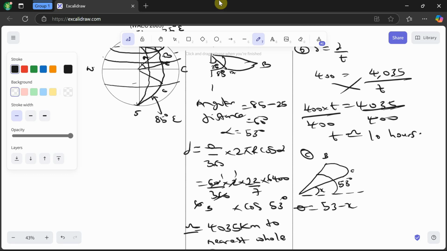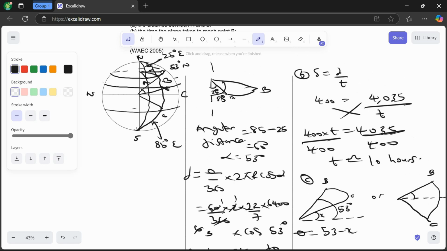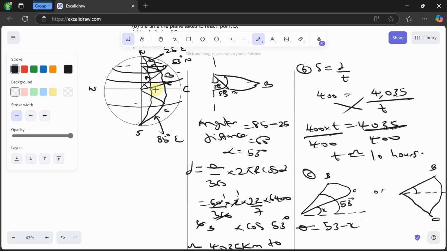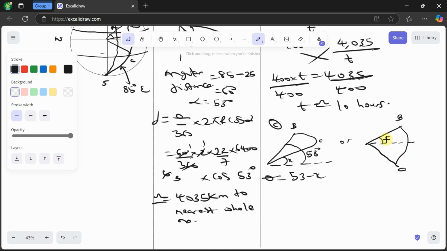The second possibility is this one here. It could be like this, where this is our C and these are B. What we will have here will be one big theta, where this is 53 degrees and this is x degrees.